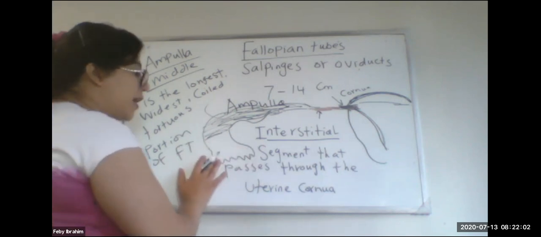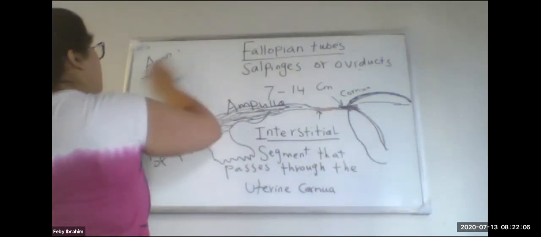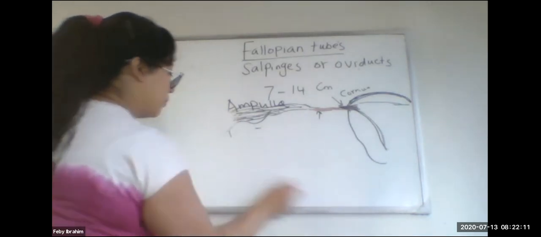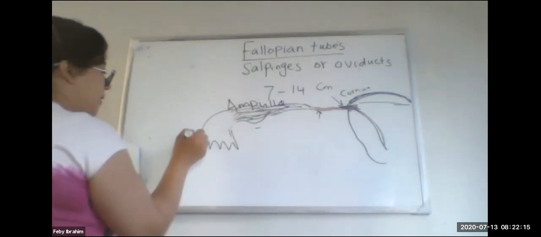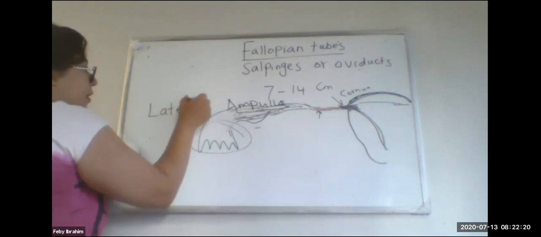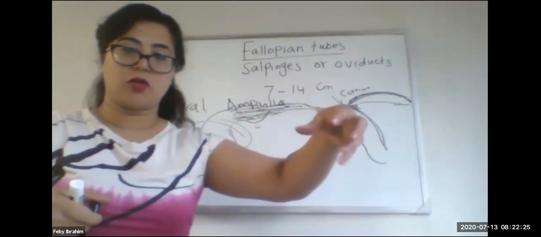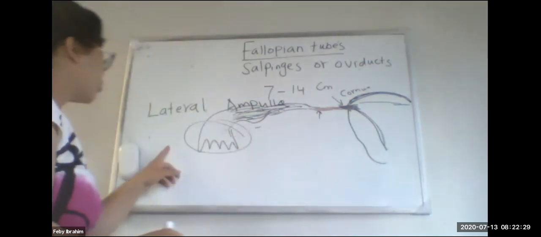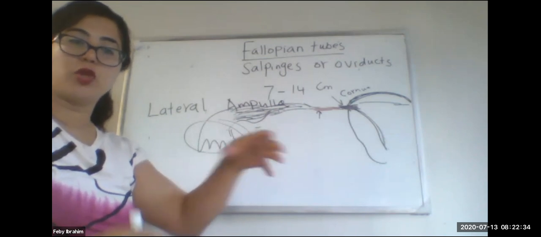And then we have the infundibulum. This one is the infundibulum. Imagine this one is the fallopian tube, my hand here. This area here is the lateral portion, and it has finger-like projections.